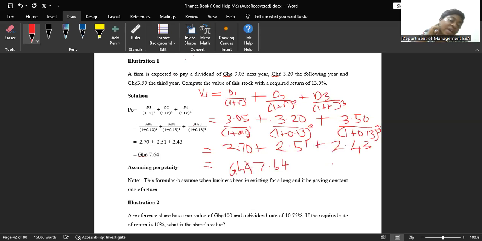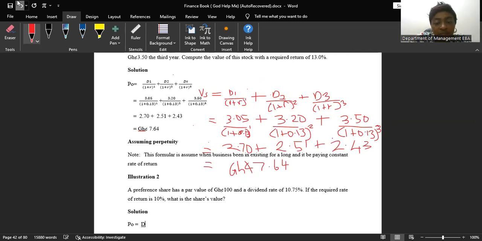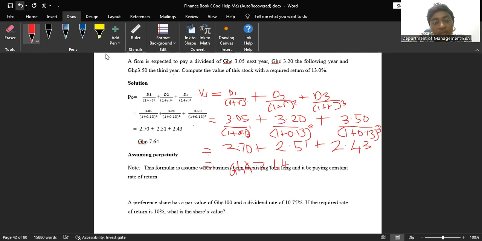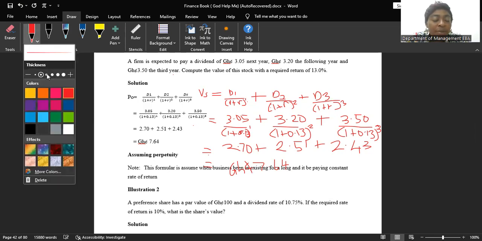The next thing we do is we assume perpetuity. Whenever you hear assuming perpetuity, it means the firm is a reliable performer, performing very well and constant over a long period of time.